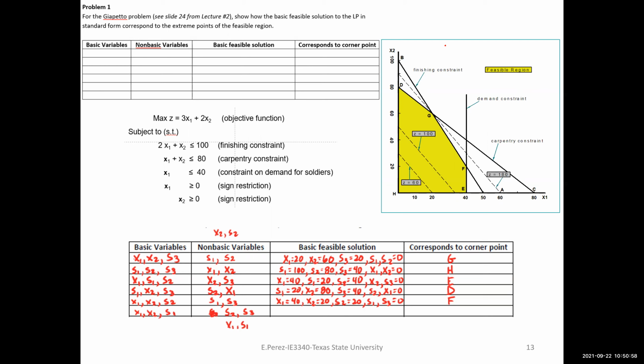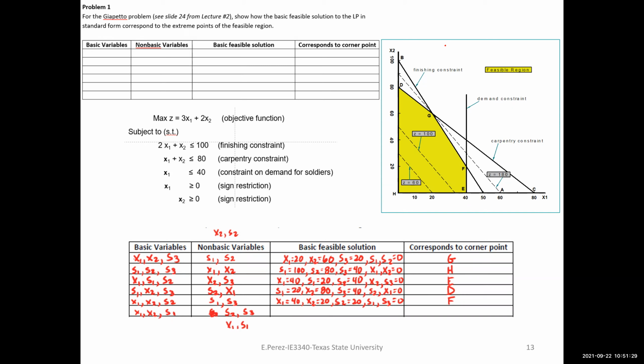That's based on the number of constraints and the number of decision variables. We have 3 constraints, and with the slacks, we have 5 variables. 5 minus 3, the number of constraints, gives 2 non-basic variables, so we can assign 0 to 2 of them and solve for the rest.